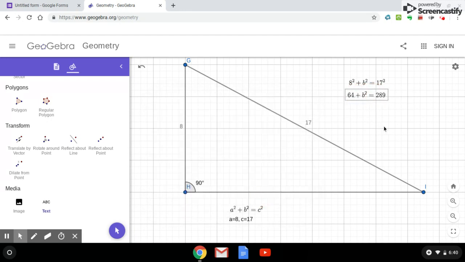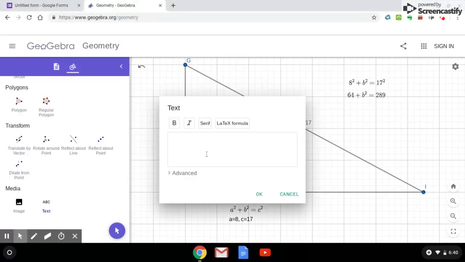And now our equation is ready to be solved for b squared, and it just becomes a simple two-step process of solving an equation. We're going to do the algebra and find that 289 minus 64 is equal to our b squared.